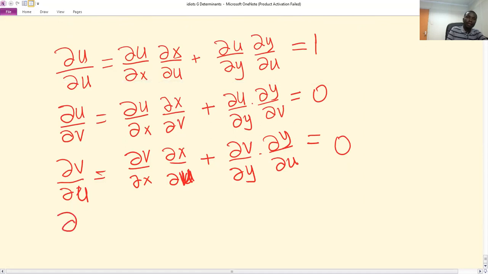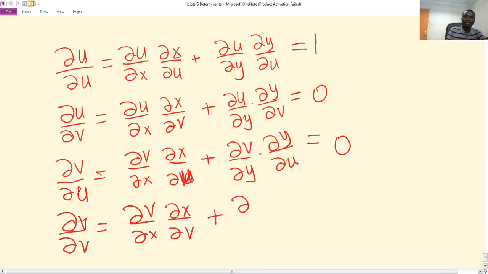Then partial v over partial v is partial v partial x times partial x partial v, plus partial v partial y times partial y partial v, and the answer is 1.